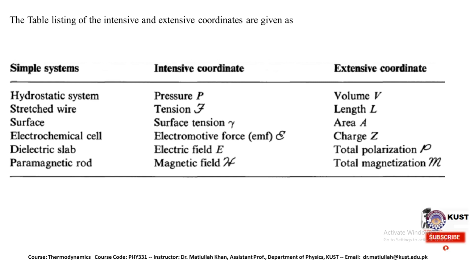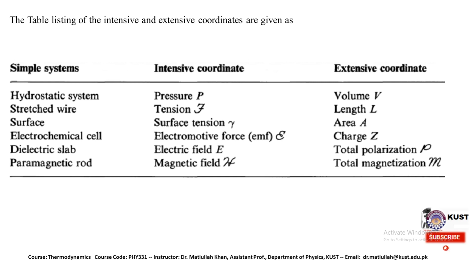For a hydrostatic system, pressure is the intensive coordinate and volume is the extensive coordinate. Similarly, for a stretched wire, tension is the intensive coordinate and length is the extensive coordinate. For surfaces, as we discussed in earlier classes, surface tension is the intensive coordinate and area is the extensive coordinate.